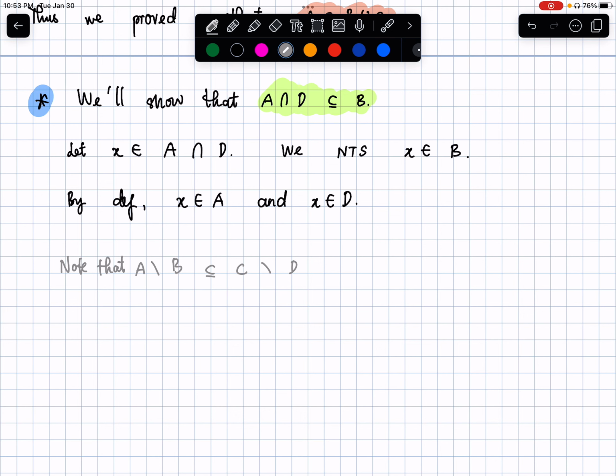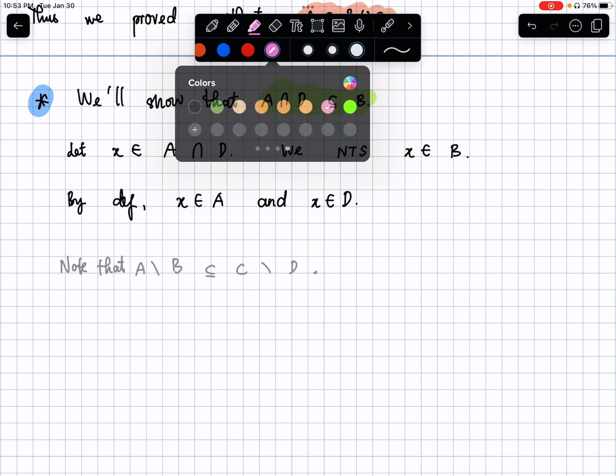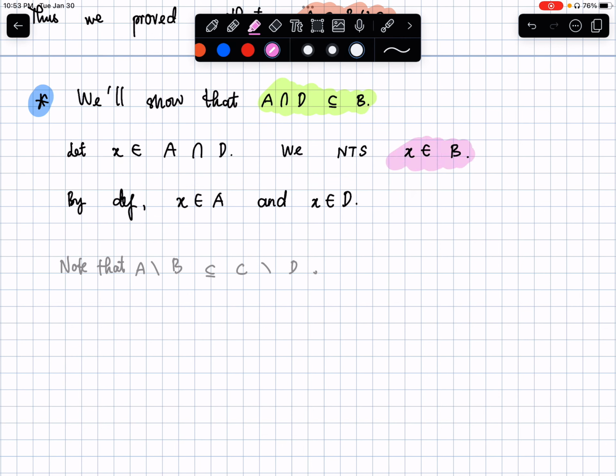We need to show that X is an element of B.